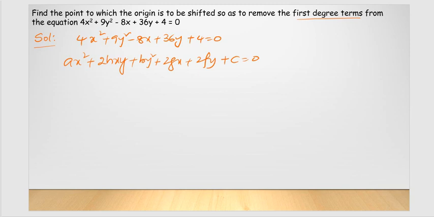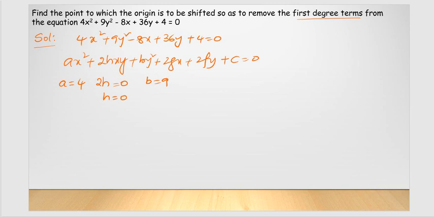Now compare the coefficients. What is a here? a is equal to 4. Next, do you have an xy term in this? We don't have an xy term. So 2h is equal to 0, that means h is equal to 0. Next, the y² coefficient is b. So b is equal to 9.